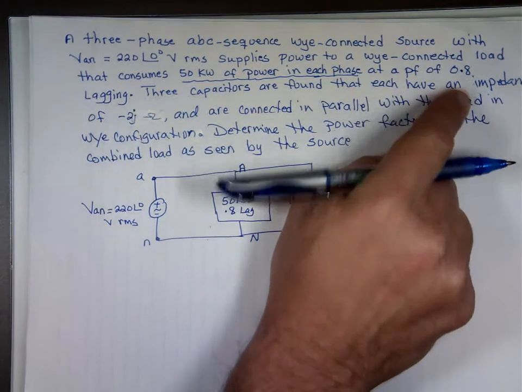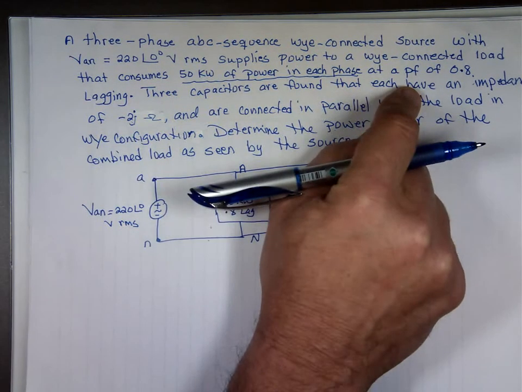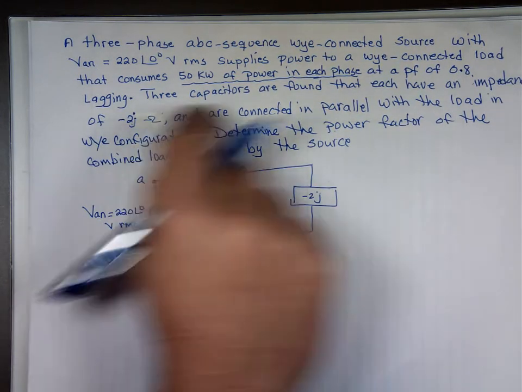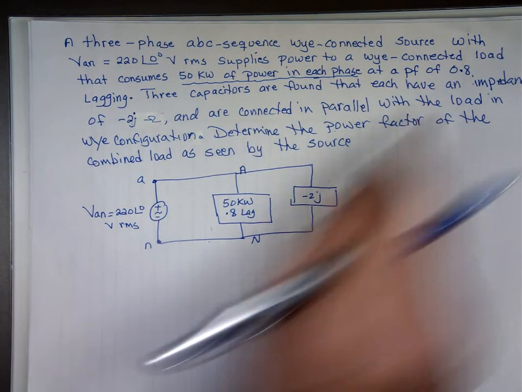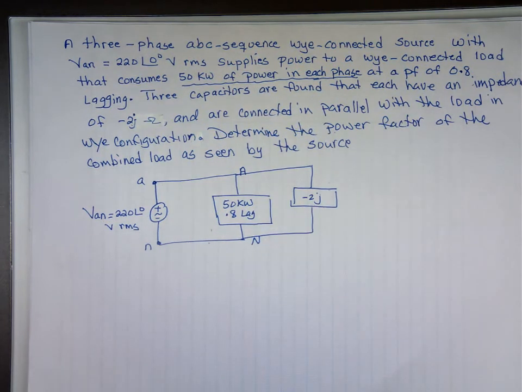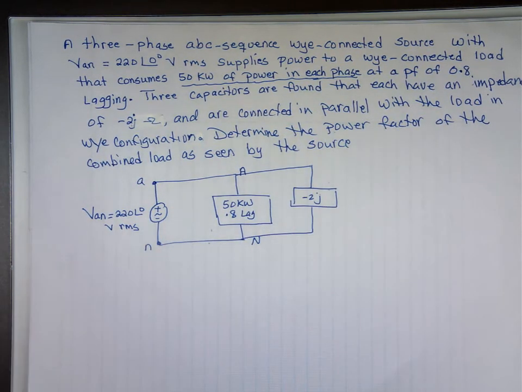I had to read that carefully because it says each one of them has negative 2J. If it said all three of them equal negative 2J, then you would divide this by 3. Determine the power factor of the combined load. So what is the power factor of this one?